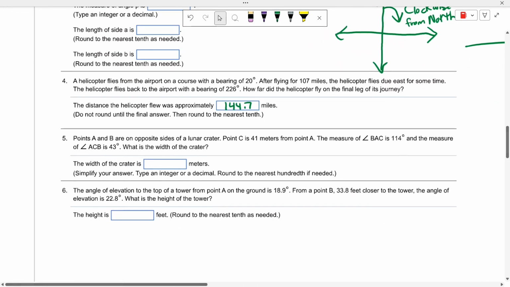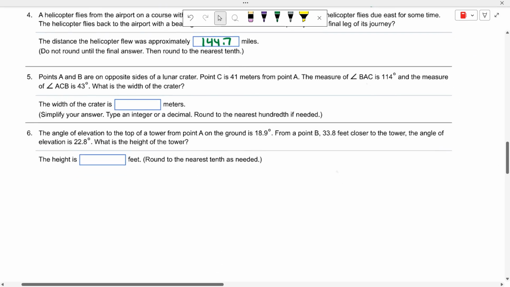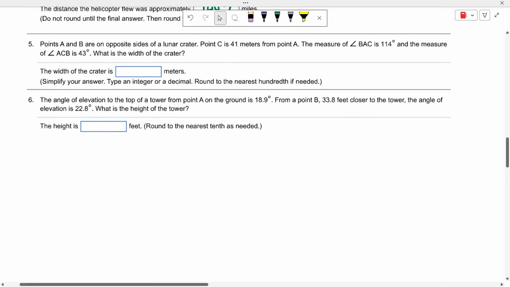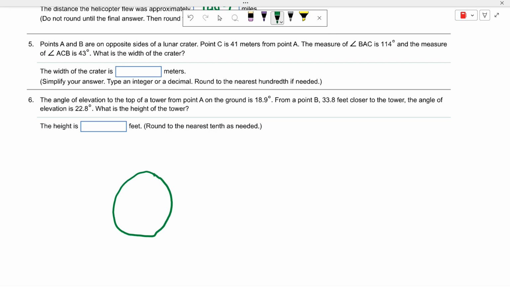Because the problem you're given will actually work. All right. Points A and B are on opposite sides of a lunar crater. Here's a lunar crater. What's a lunar crater? A crater that's where? On the moon.